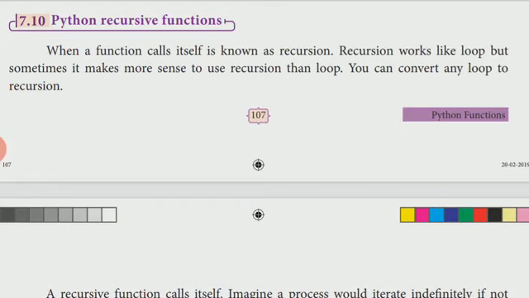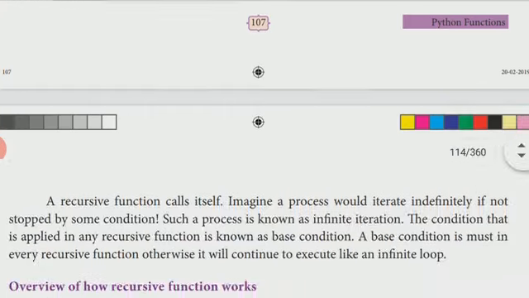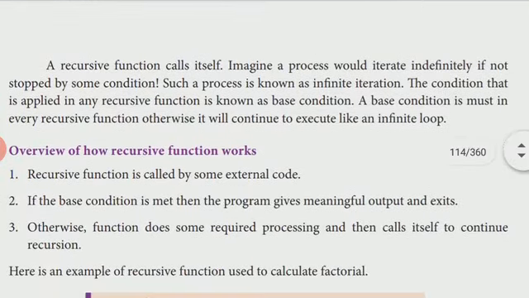So we can use recursion as a loop, and a loop can also be used as a recursive function. Loop means we do the same process multiple times, many times, that is uncountable.